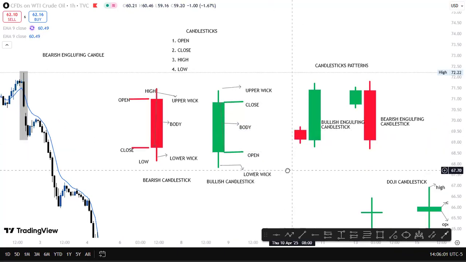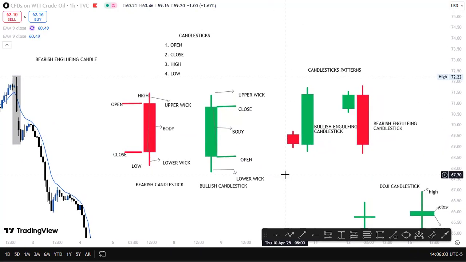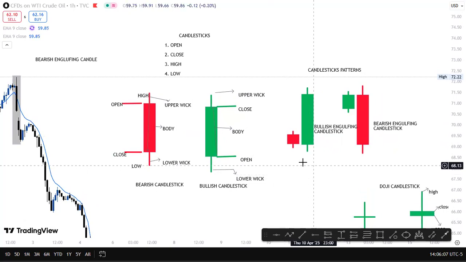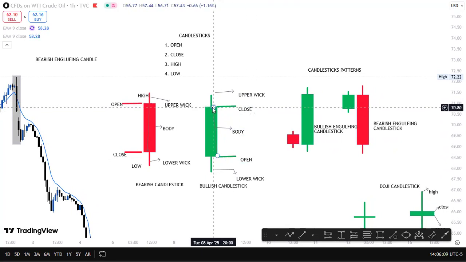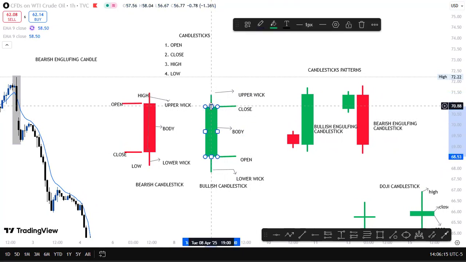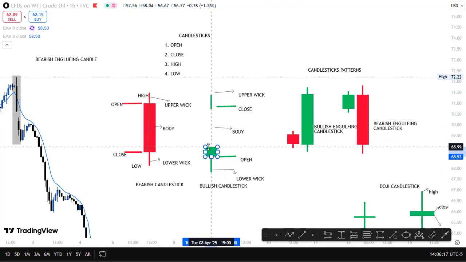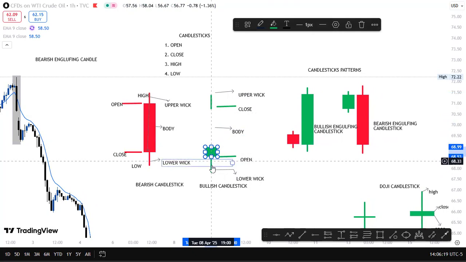So this is for candlesticks. Then we move ahead, so there are actually different representations of candlesticks. You can see some candlesticks that will look like this, some that might look like this, and some that will look like this.